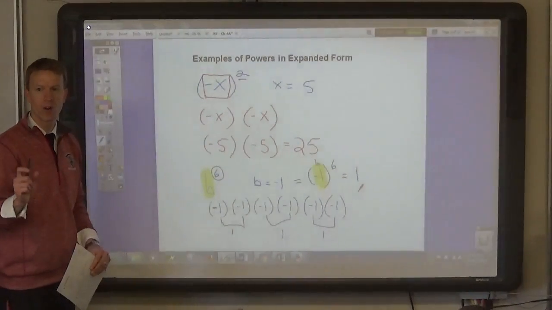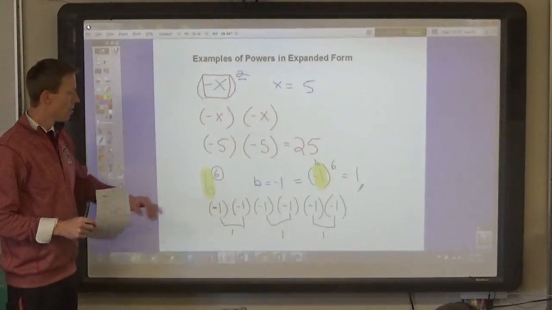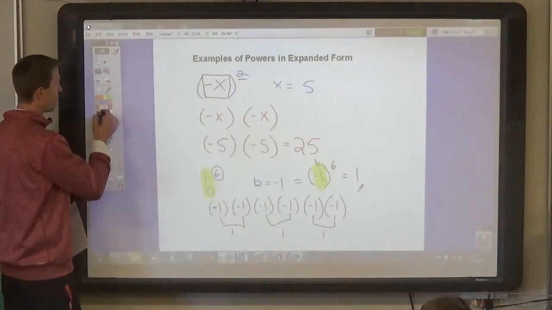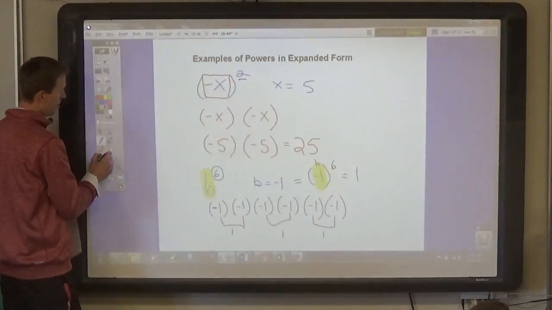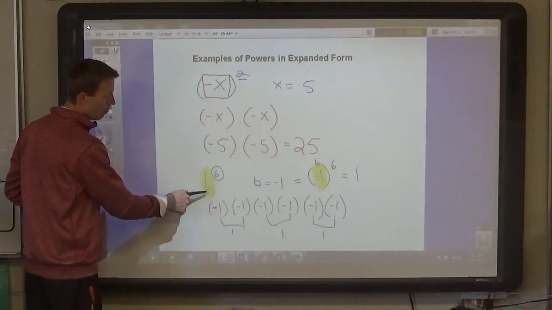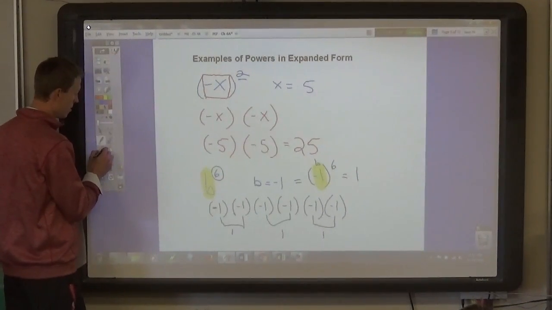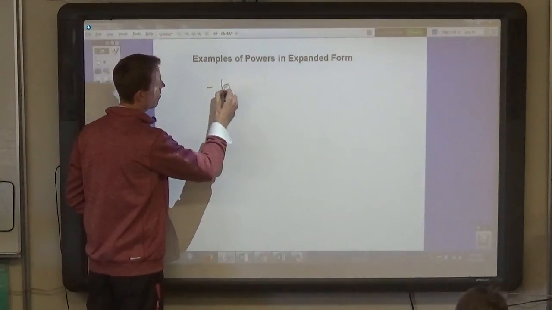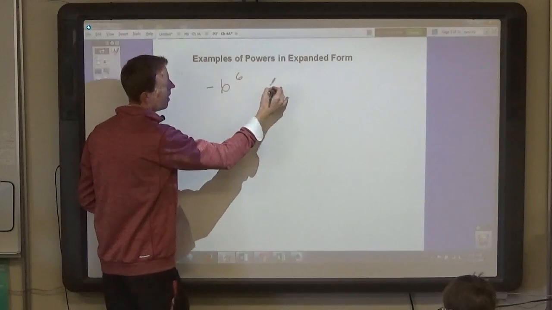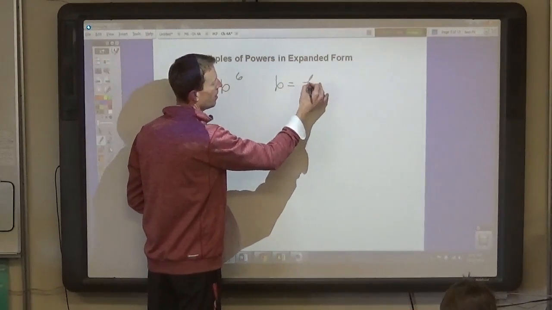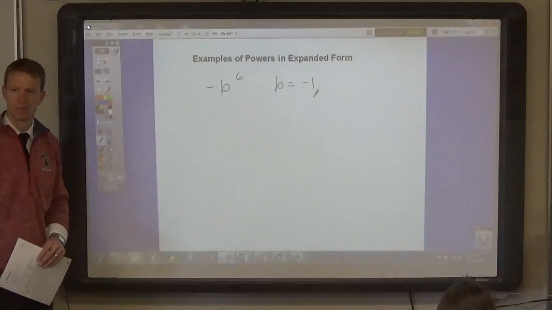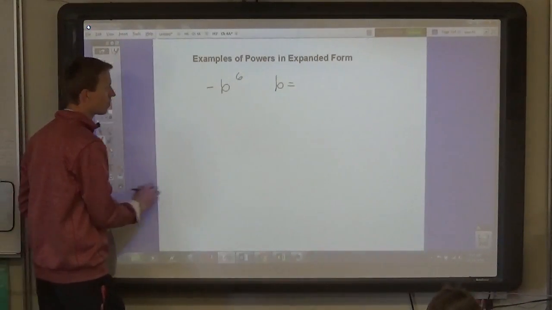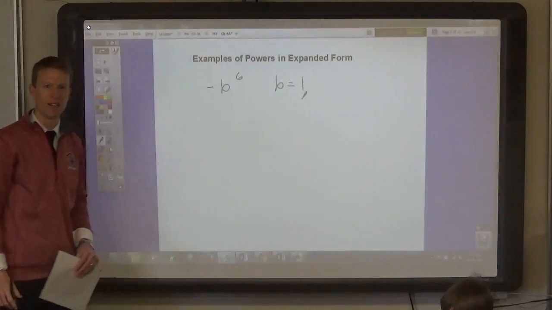Now, here's an example of where the answer would stay negative. Okay? Look at this one. Let's say that instead of b to the 6th power, it was negative b to the 6th power, and b equals 1.